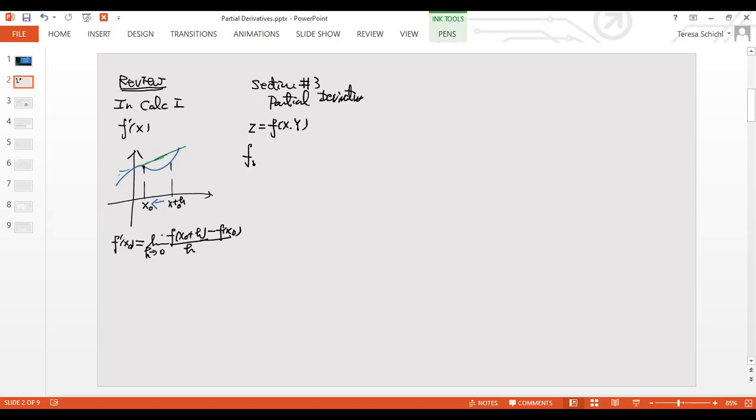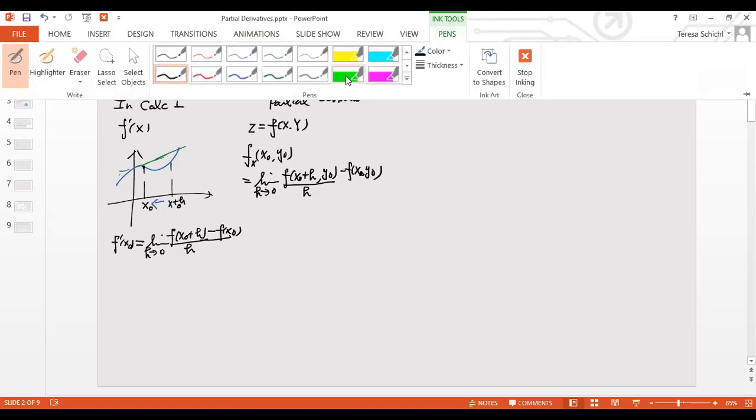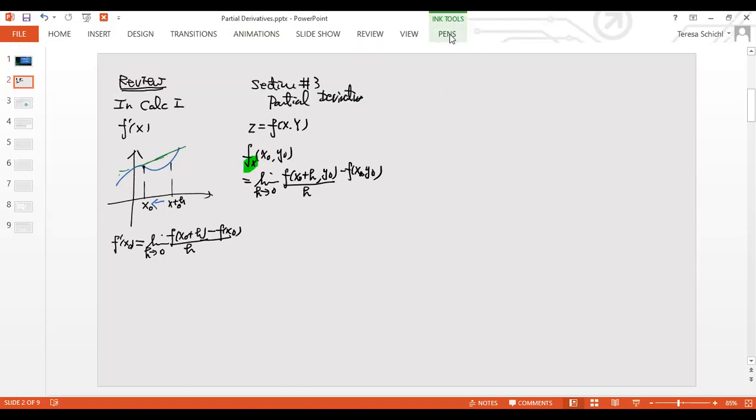Then we define the partial derivative with respect to x at x0, y0 as the limit as h approaches 0 of f of x0 plus h, y0 minus f of x0, y0, divided by h. That's how we define the partial derivative with respect to x.